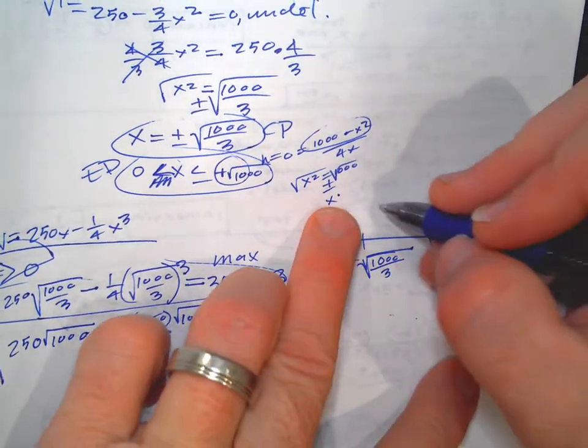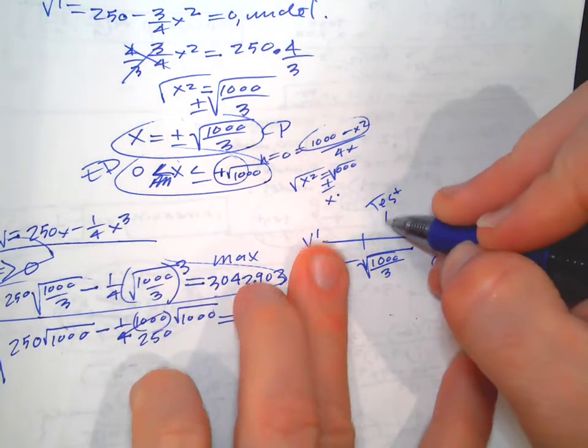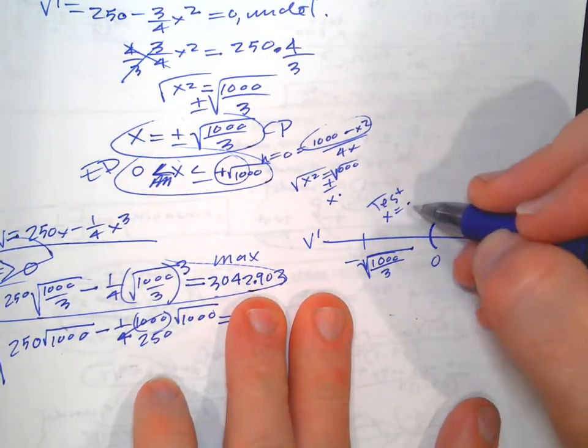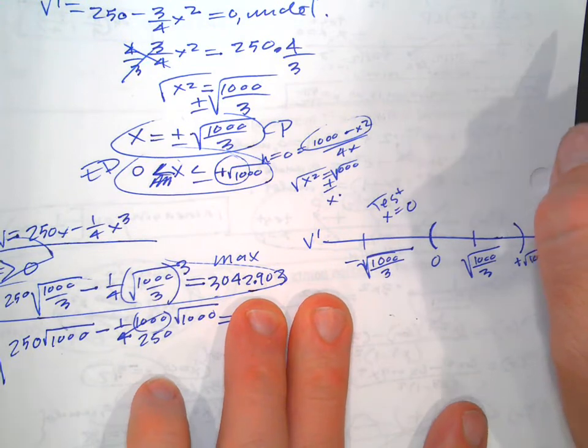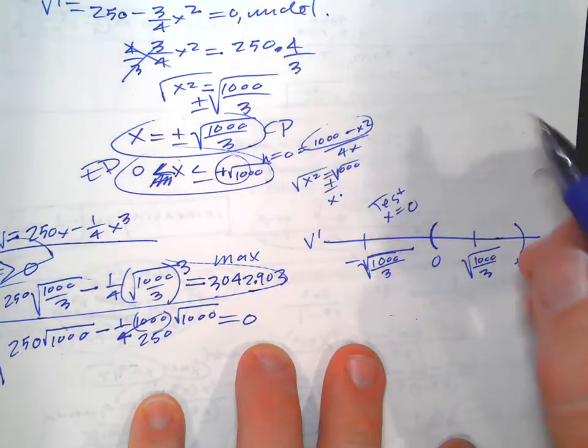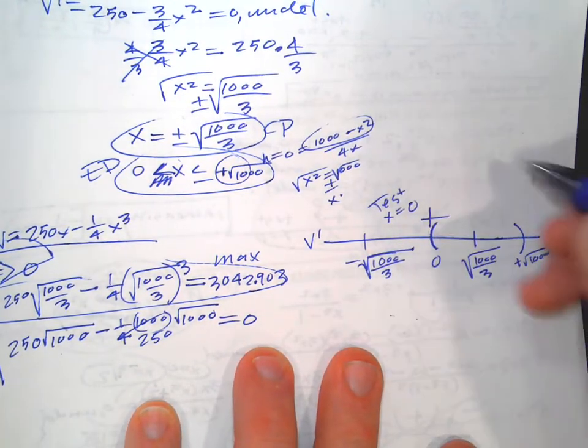So if you test a value, x equals 0, in V prime, you get positive. It's going up.